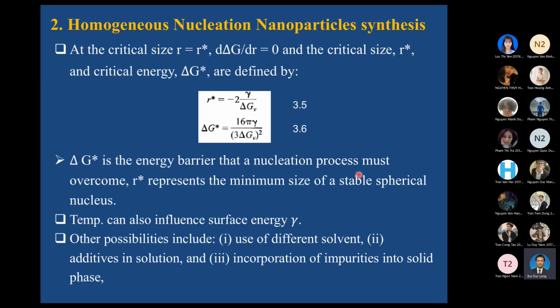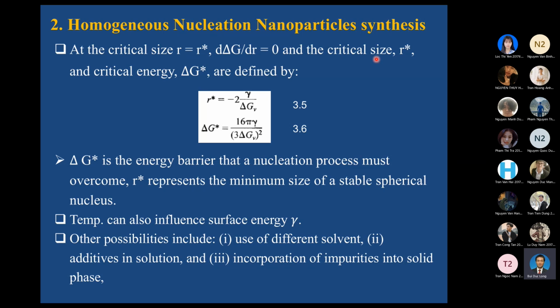At the critical size of the nucleus, R equal to R star, we have dΔG/dr equal to 0. It means the equilibrium condition.